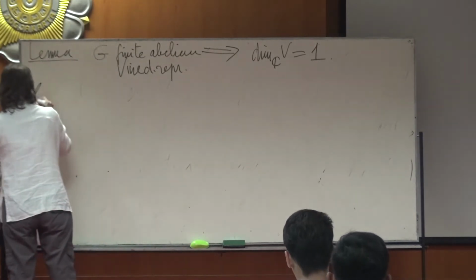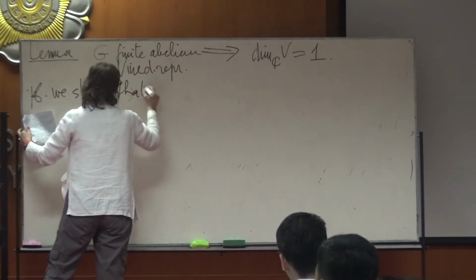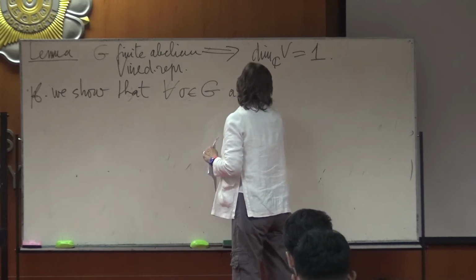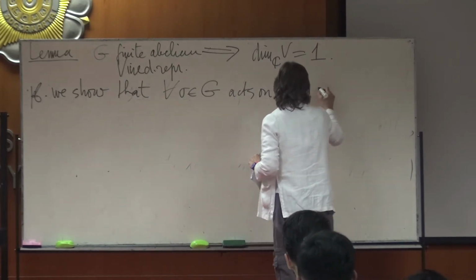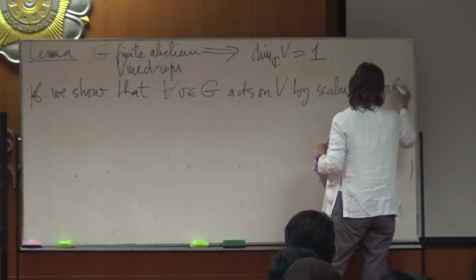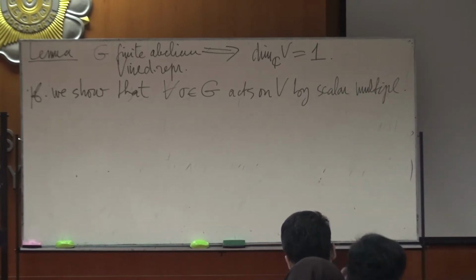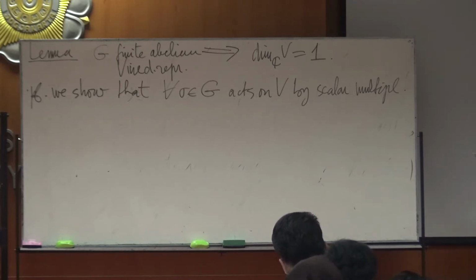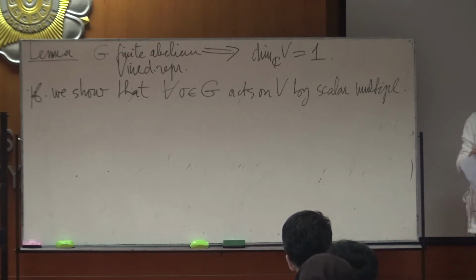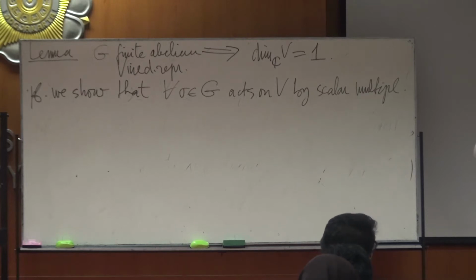Proof. We show that every sigma in G acts on V by scalar multiplication. Is it clear that this implies the theorem? Because every element acts by scalar multiplication.